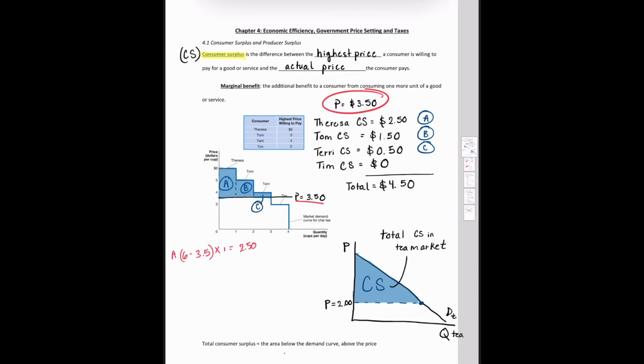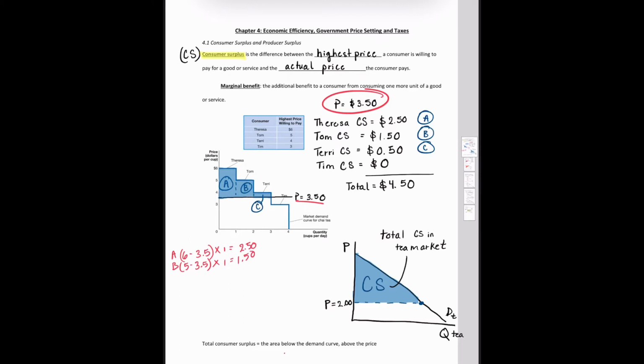For area B, you would take 5 minus 3.50, the actual price. This is Tom's consumer surplus, times the 1 cup of tea Tom is purchasing, which equals $1.50. And then respectively, you would continue it.